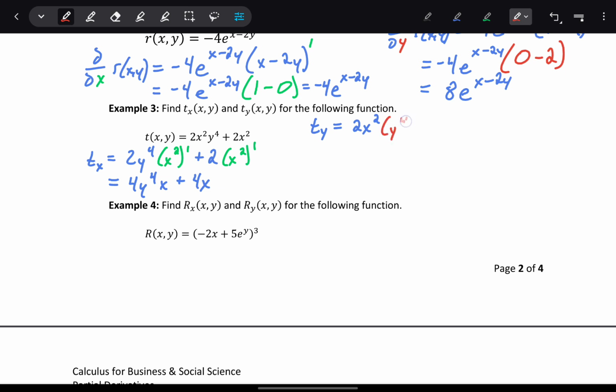And then we'll take the derivative of y to the fourth plus the derivative of 2x squared differentiated with respect to y will give us 2x squared times 4y cubed plus 0, since there's no y in that second term. And we get 8x squared y cubed is that first derivative.